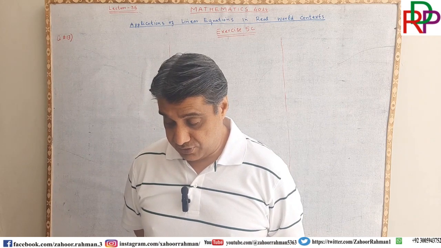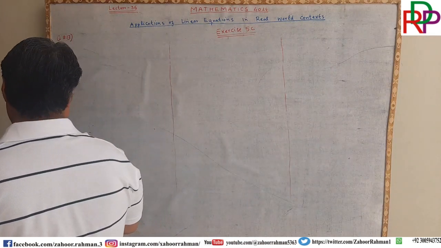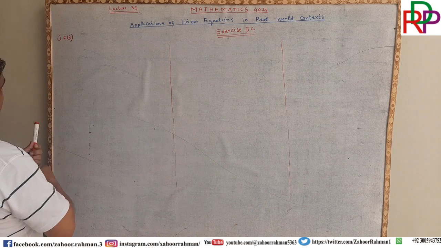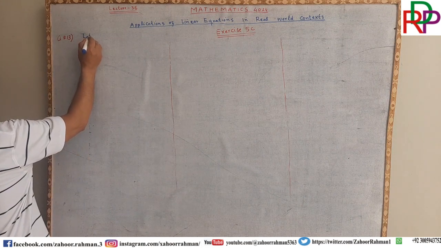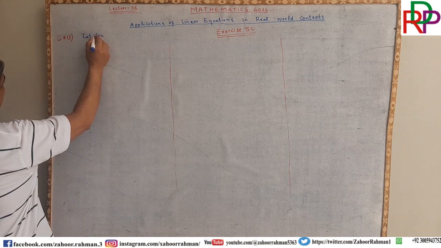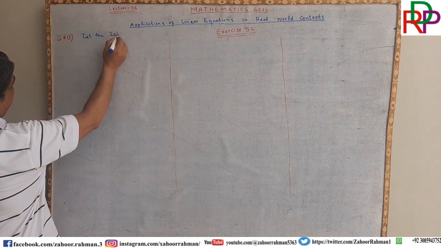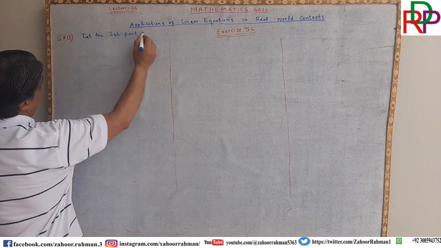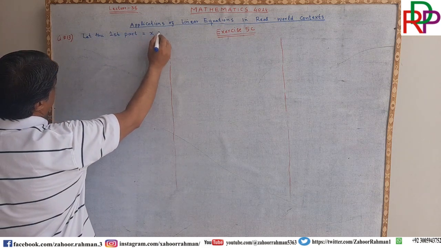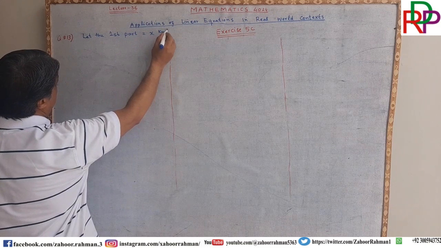There are two parts, so let us take the first part of journey. Let the first part is equal to x kilometer per hour.